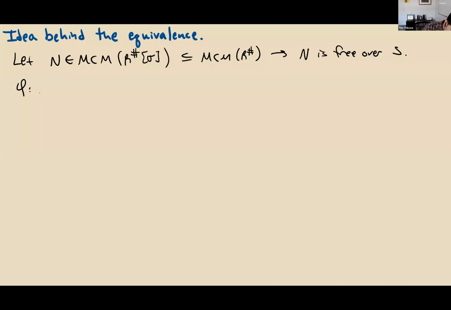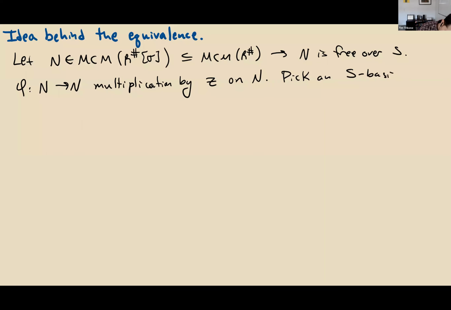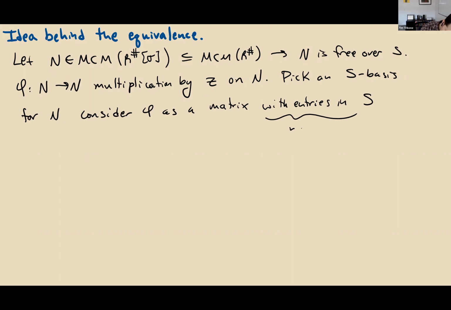Okay, so then let's consider the map phi, which is multiplication by Z on N. R sharp is, again, F plus Z to the D, so we can look at multiplication by Z on N. We pick an S basis for N and consider phi as a square matrix with entries in S, meaning no Z entries here, because we've written it with an S basis.